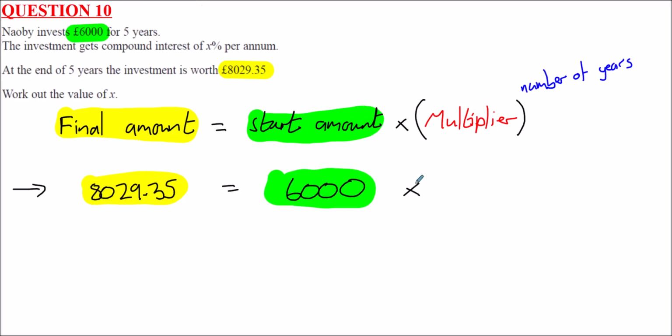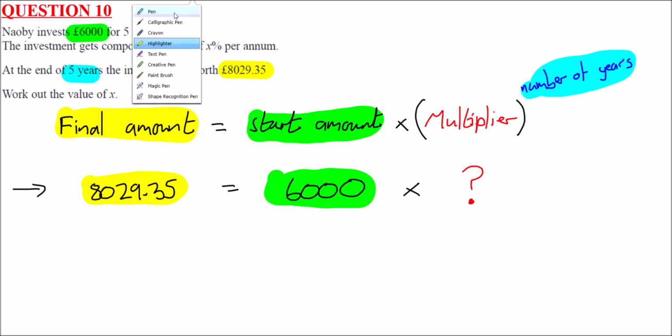Now we don't know what the percentage interest she's getting is yet, so we don't know what this value is being multiplied by. So I'm just going to put the multiplier equal to some question mark. But the number of time periods this has been invested for, we are told. It's been invested for a total of 5 years. So we need to raise this multiplier to the power of 5.